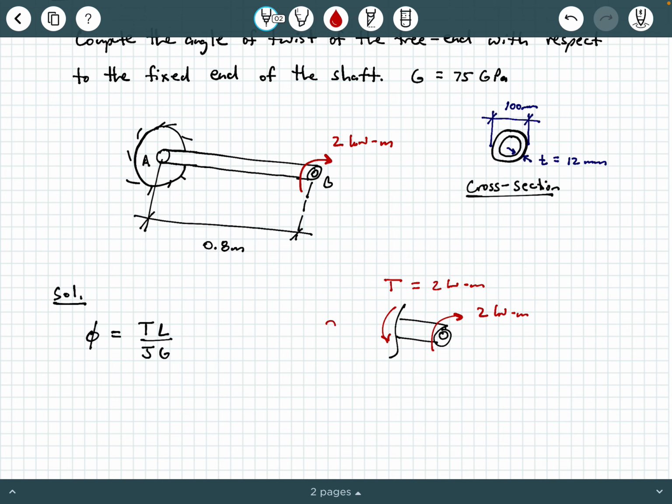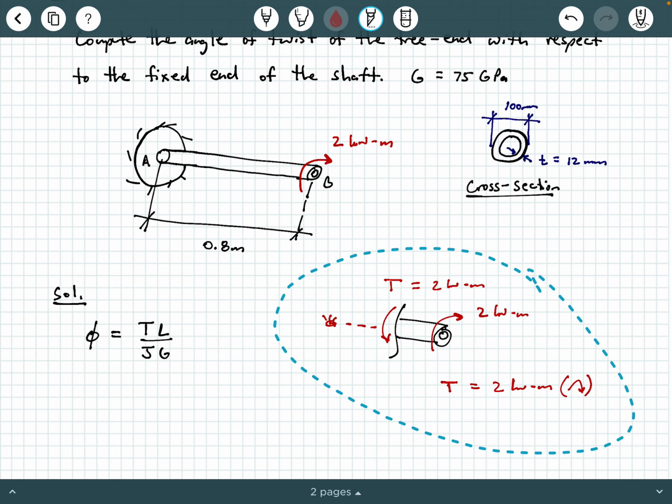If we put a viewpoint here and look into the cut, we get T equals 2 kilonewton meters going clockwise. This is kind of unnecessary at this point because the 2 kilonewton meters is at the free end, and at any point along the length of the shaft the internal torque is 2 kilonewton meters, again with a viewpoint looking into the cut going clockwise, but I figured I'd show my work there anyway.